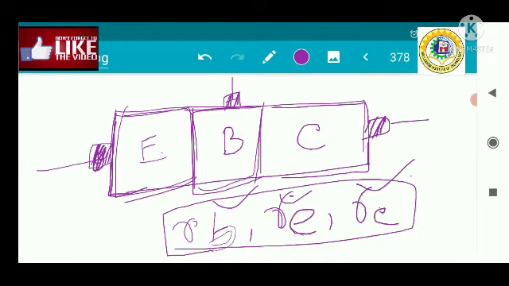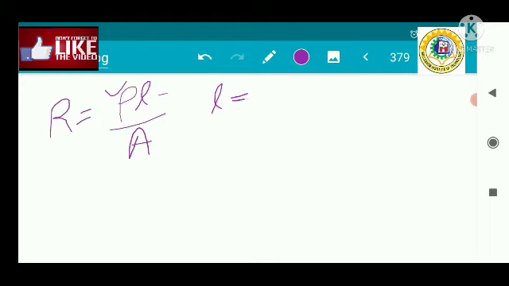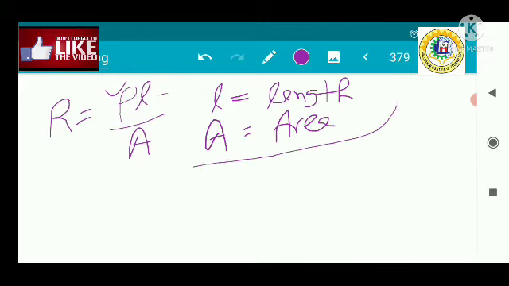Now, what is the approximate value of these resistances? All of you know that the equation for resistance is rho L divided by A. This depends on the material, where L is the length and A is the area of the resistor.